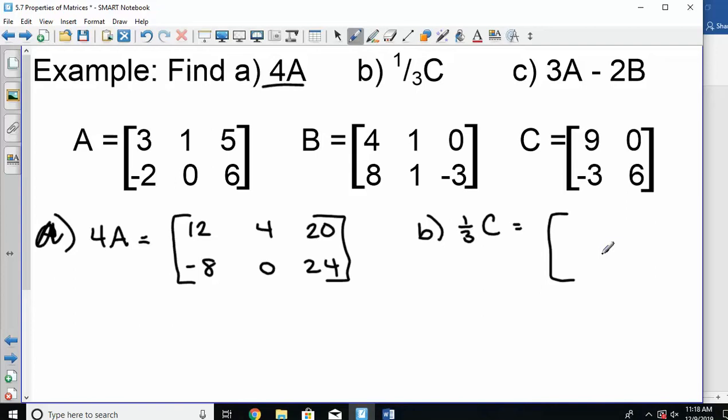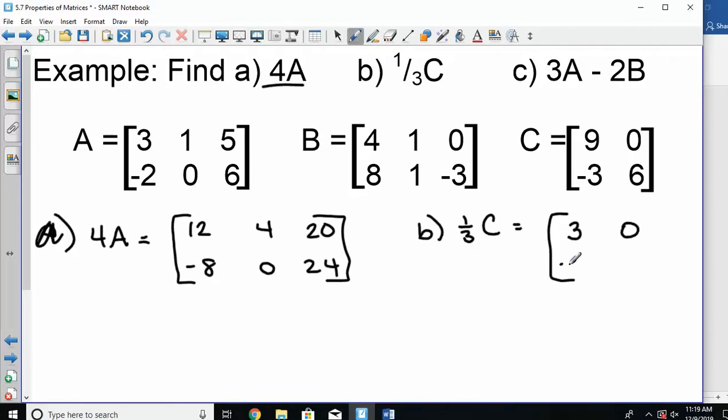Okay, part B. Each number in matrix C times 1/3. So 9 times 1/3 is 3. 0 times 1/3 is 0.